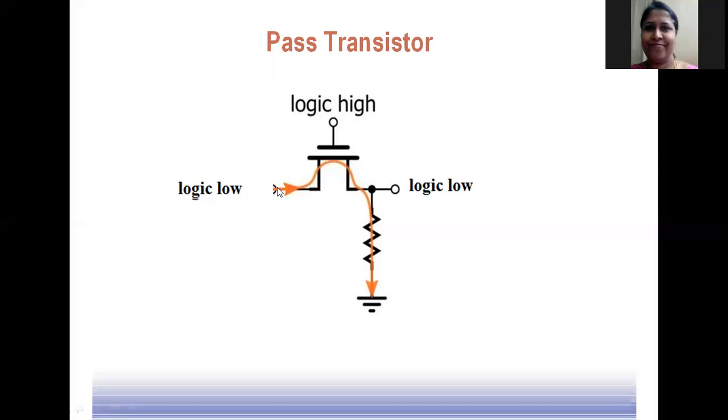The input point is connected to the output point through a small resistance of this MOSFET, and therefore this logic low voltage will appear at this output terminal. This circuit just passes the input voltage to the output voltage.